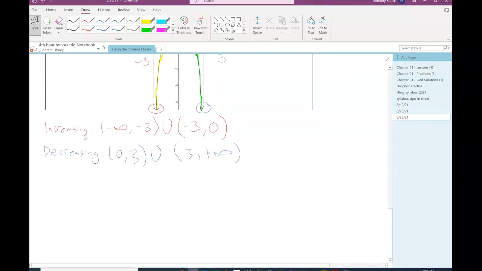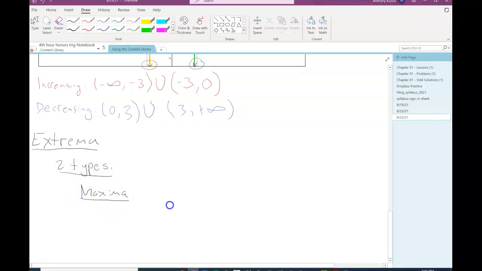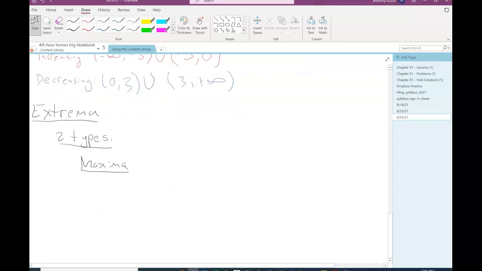The next thing we want to talk about here is extrema. So there's 2 types of extrema. There's maxima, that's the plural for maximum, and there's minima, that's the plural for minimum.